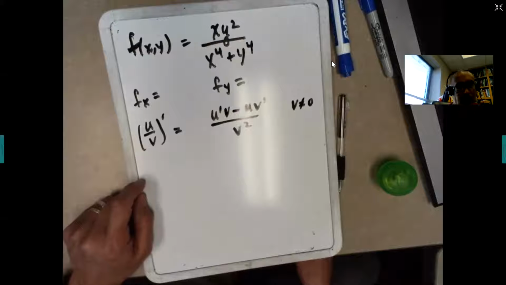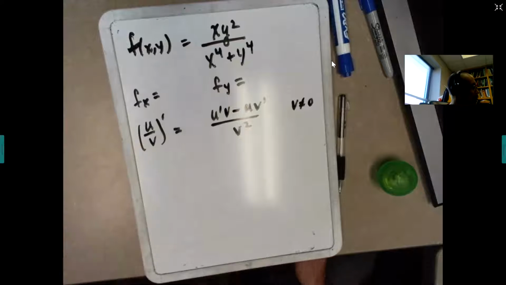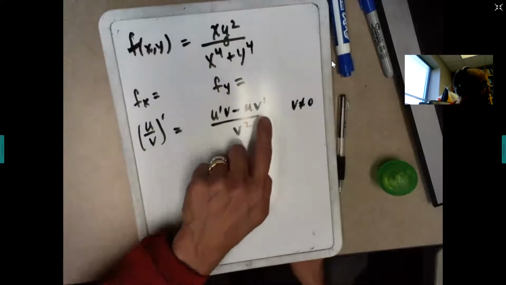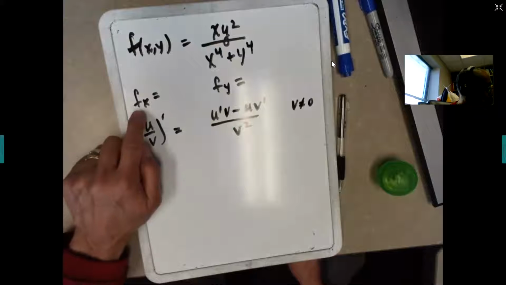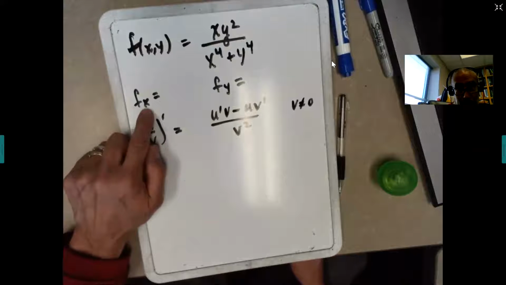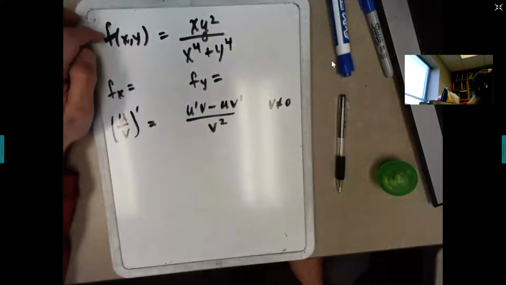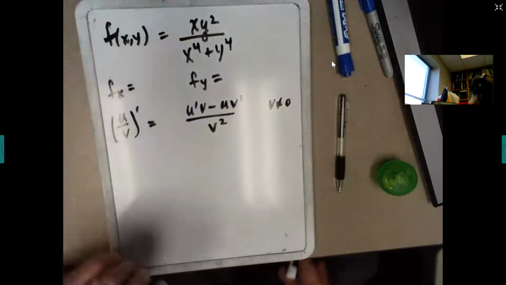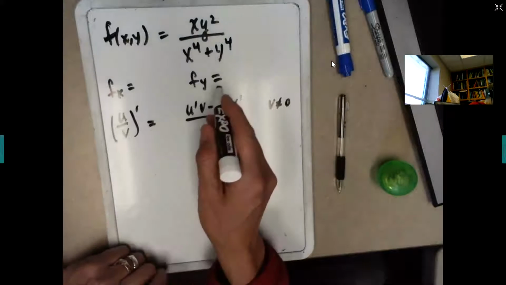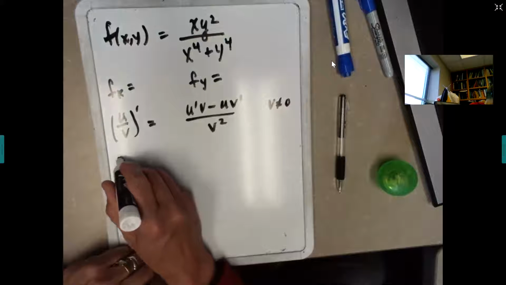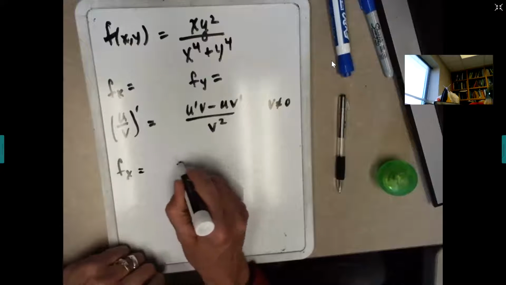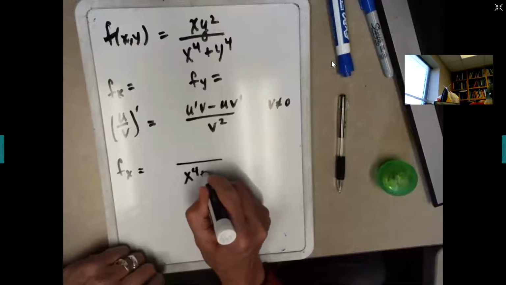Well, in terms of partial derivatives, how it works is that the derivatives occur with respect to the given variable. So now let's just go ahead and take a look at the partial with respect to x. Taking the partial with respect to x, you square the denominator just like you did before.